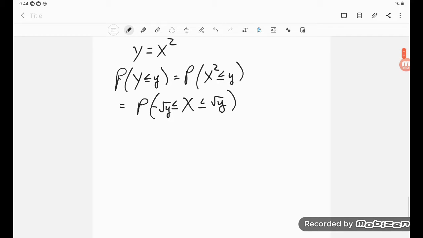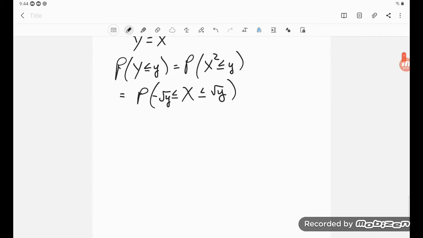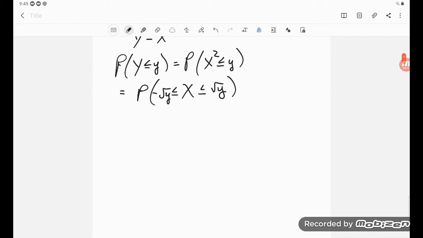Okay, and so we can do that, and that has two cases, right? Because we get a slightly different situation depending on where x happens to be.